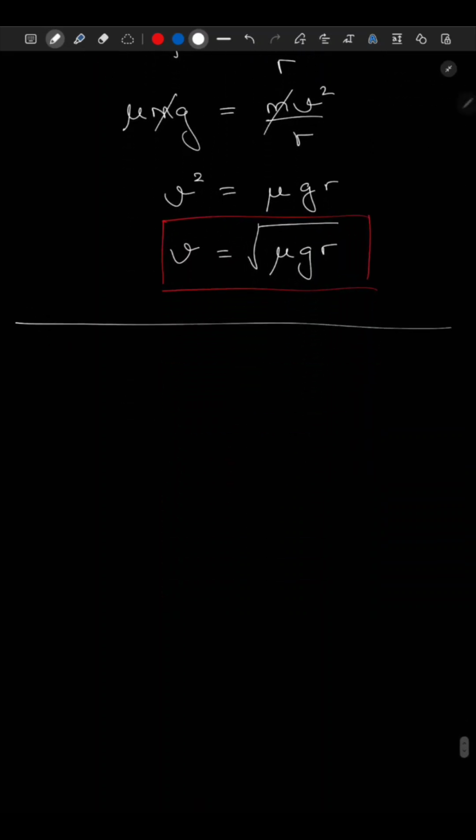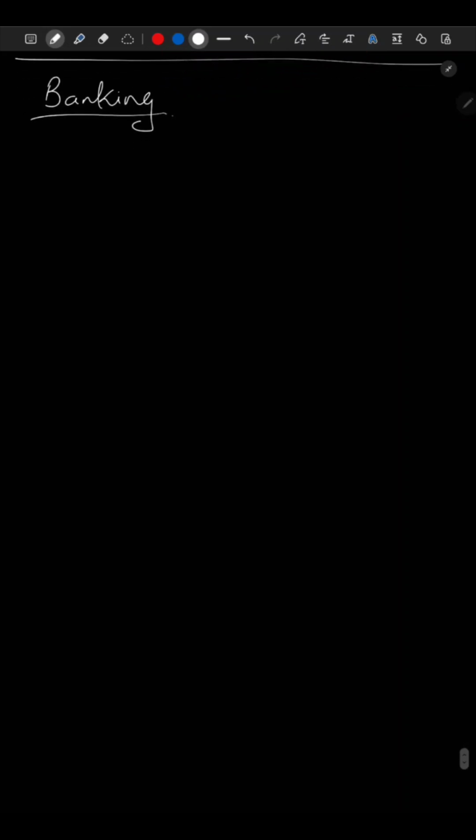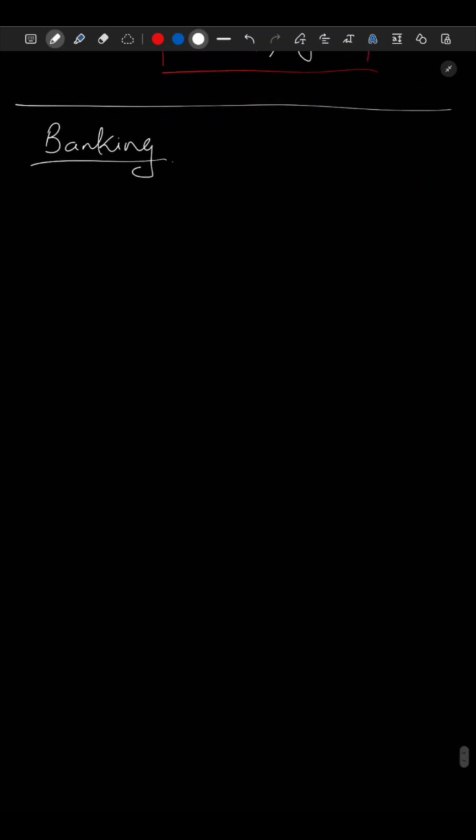So now let's see what banking is. This is another application of circular motion. Banking is when a car, or any body, is going on a plane which is inclined at an angle.